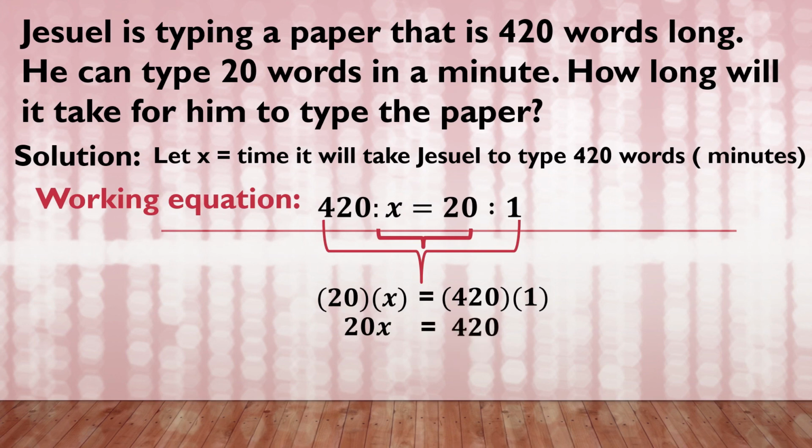And so dividing both sides of the equation by 20, and so therefore x is equal to 21. In other words, Cheswell can type the 420 words in 21 minutes.